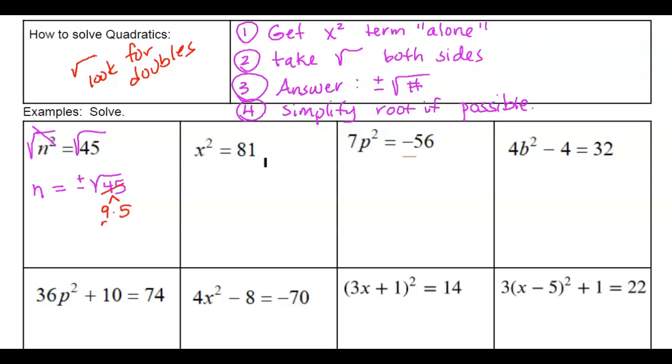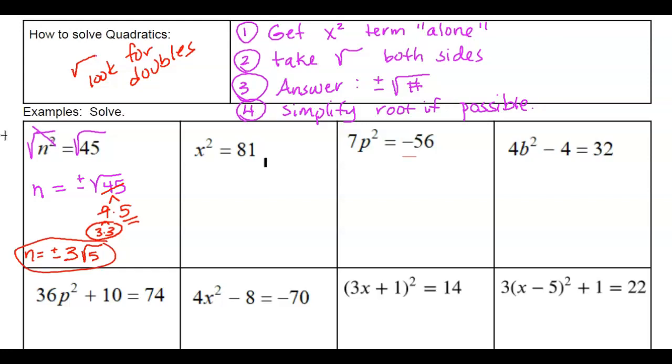So 9 breaks down into 3 times 3. Here's a double. I'm going to circle it, and it goes out in front. We write it once with the plus and minus. The 5 is single, so it's going to stay in the root. So really, my 2 answers are positive 3 root 5 and negative 3 root 5. We can just write them together.